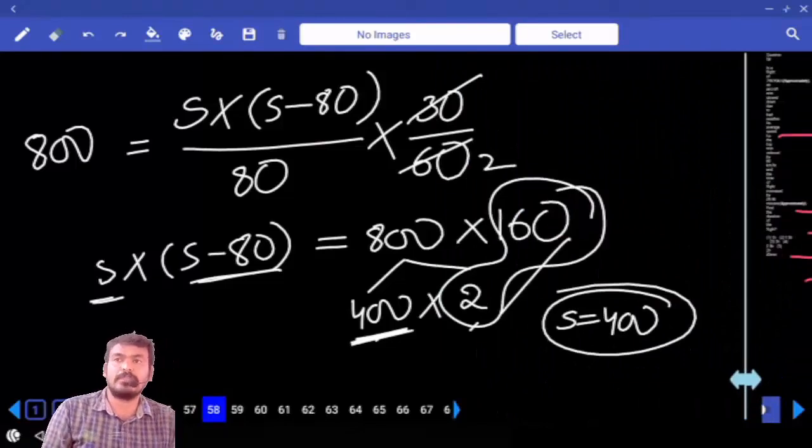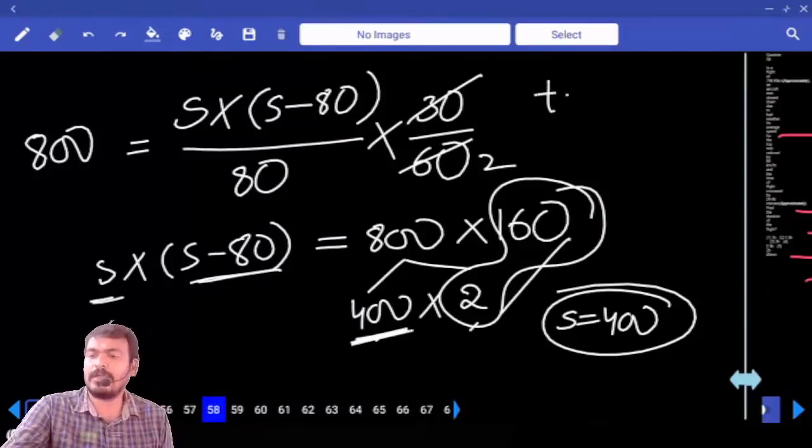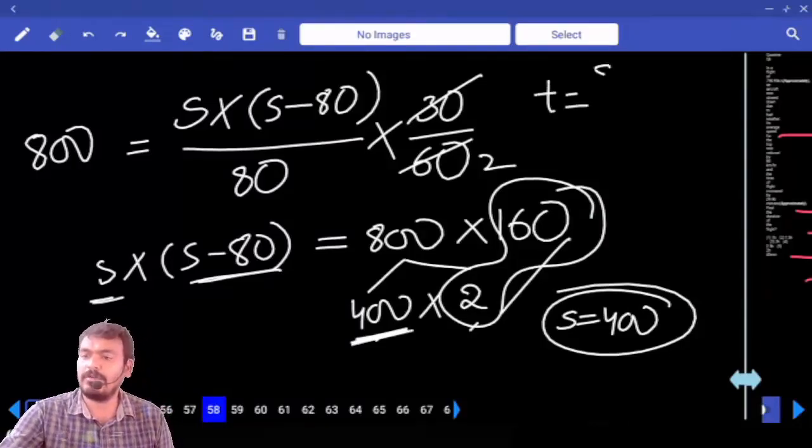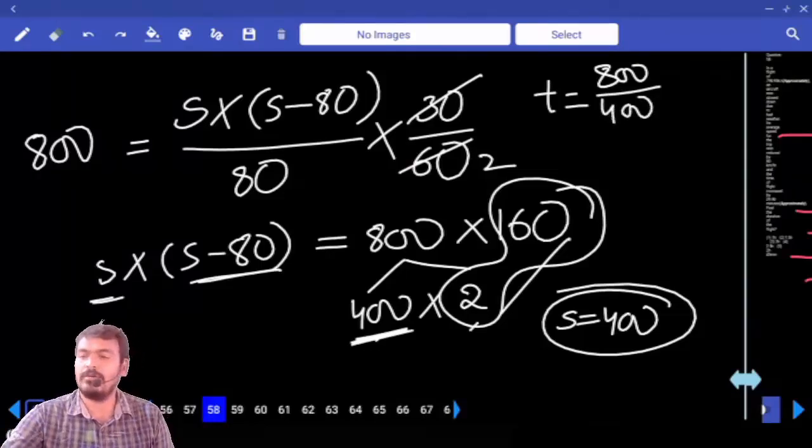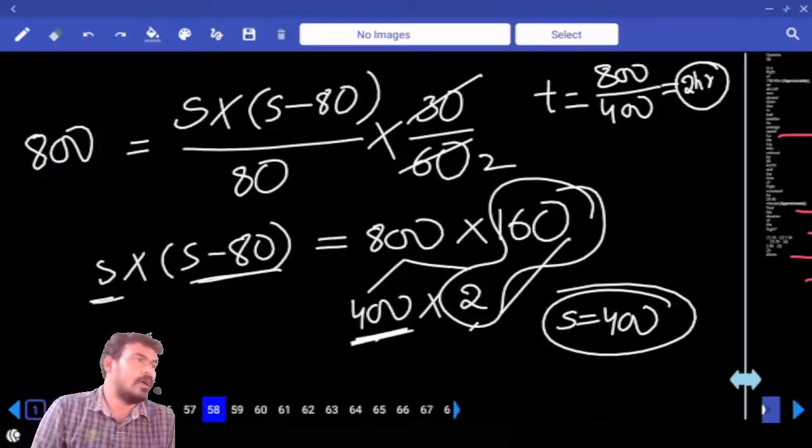Duration of the flight means distance by speed, or not? Nothing but we require the time value, or not? Time equals distance by speed. What is the distance value? 800. What is the original speed? 400. 800 by 400 means 2 hours, or not? Always we require the original time, or not?